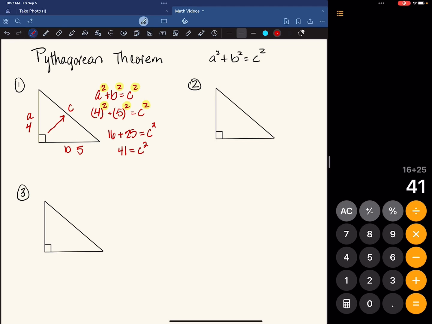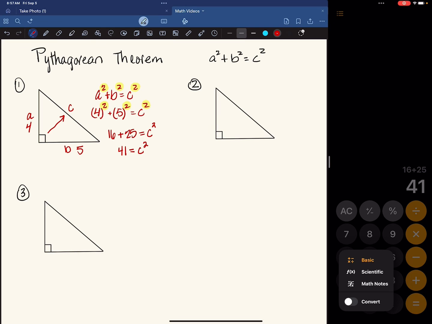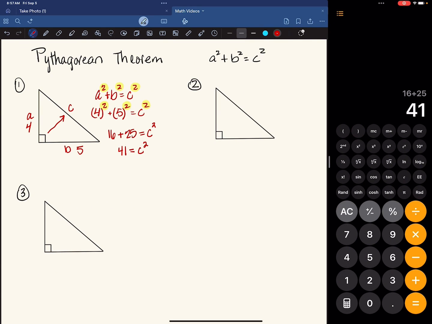Well, to do that, if you'll notice on my calculator I don't have a square root button, so I'm going to put this in scientific mode. And if you'll notice up here at the top, right here with the little 2 above the square root, that's your square root symbol. So if you're on an iPad or a calculator, you have these symbols in your calculator. So we're going to take the square root.